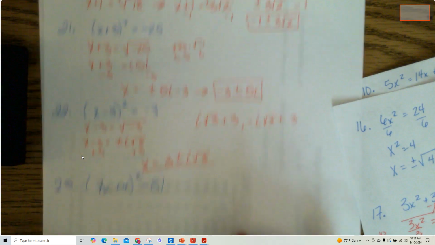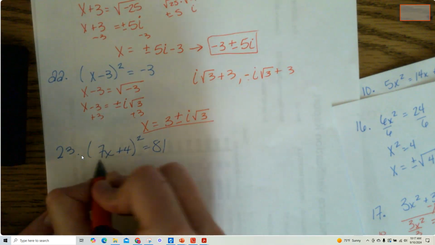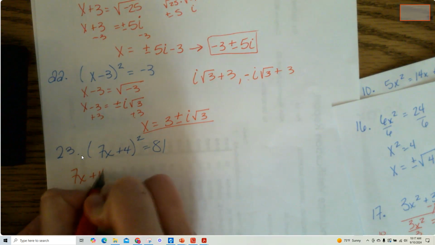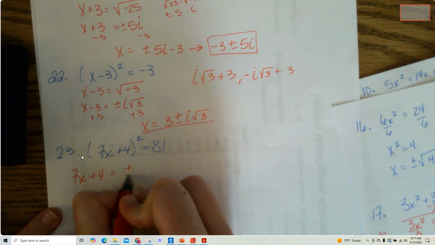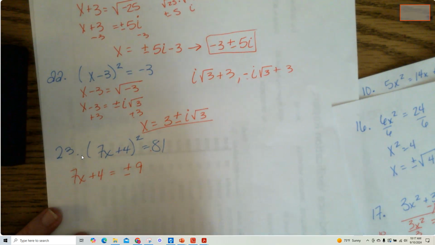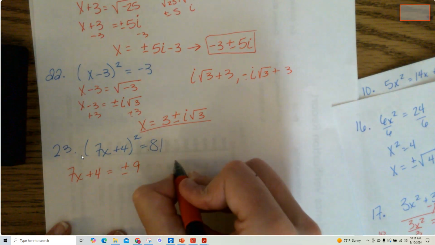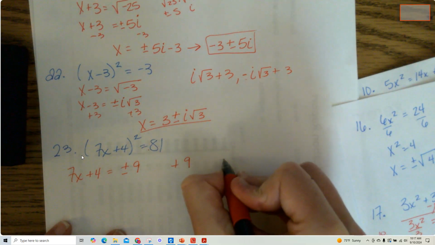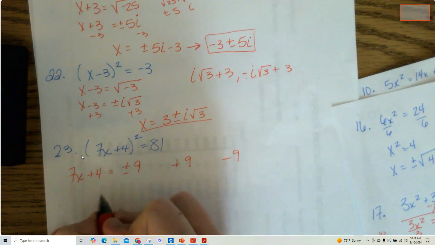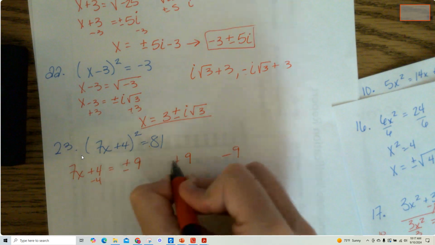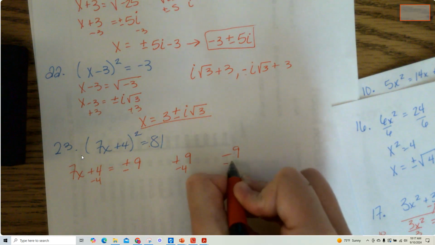one. Okay, this one. If we square root both sides, we get positive negative 9. Square root of 81 is 9. So I'm going to set up 2 different equations. I've got a positive 9 and I've got a negative 9. So to solve this, I would subtract 4 from both sides.